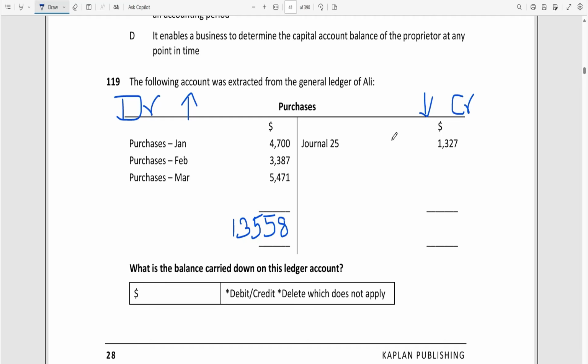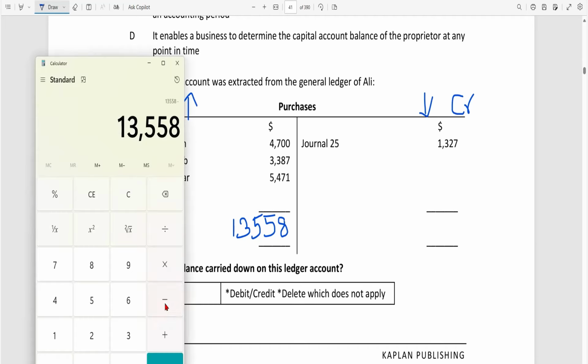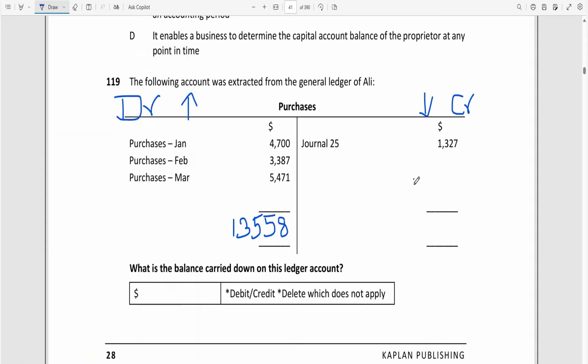And on the credit side, the total is 1327. So what's the difference between these two? This will be the carry forward amount, that is 231. So this will be the carry forward amount of the purchase ledger.